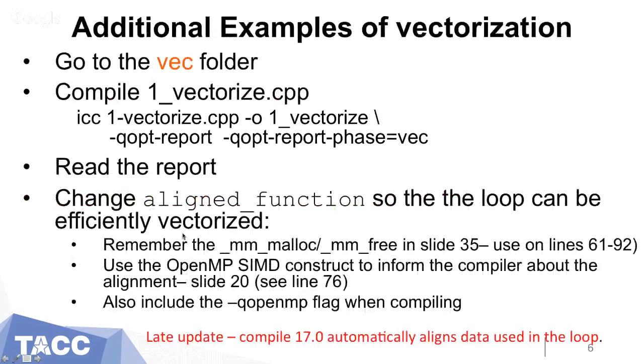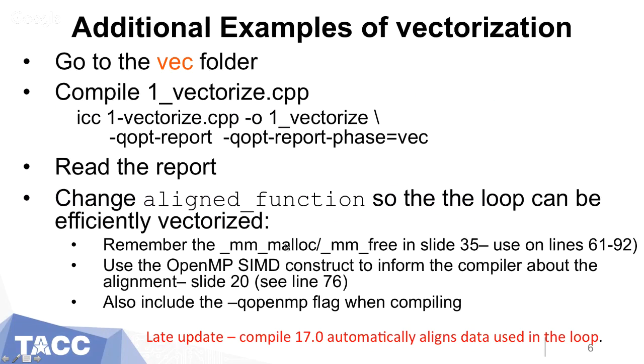So there's another folder there called VEC. And unfortunately, we had you do some operations in there in terms of doing an alignment on a function. We had you just read the code, and there was an aligned function and an unaligned one. On the aligned function, you were supposed to put the directives in there to make sure that the arrays were aligned with the _mm_malloc.